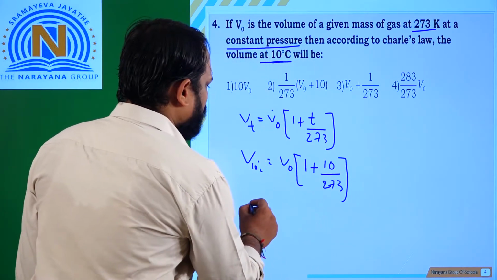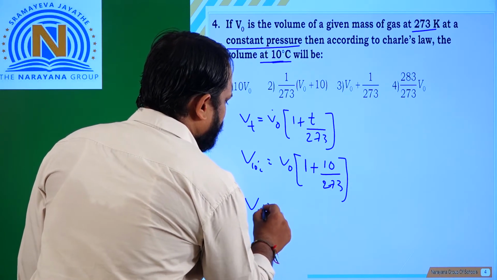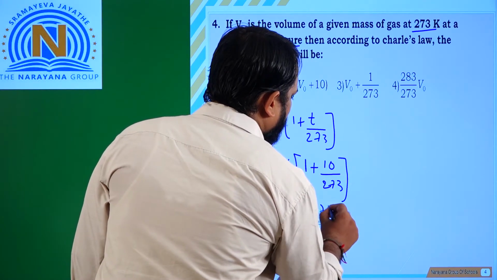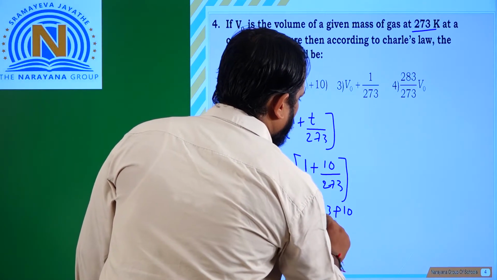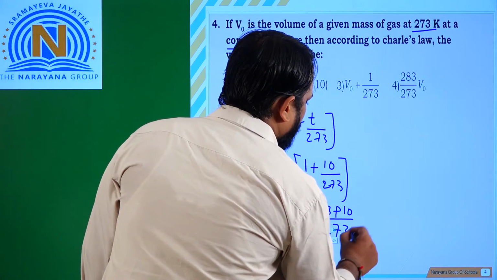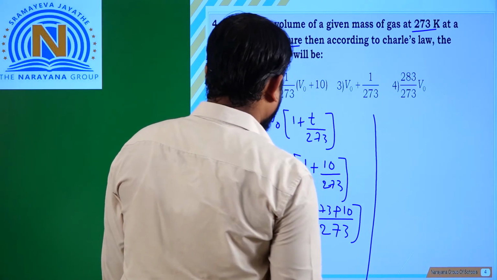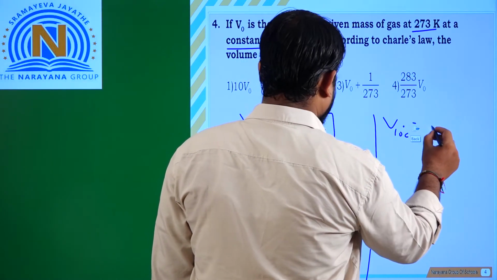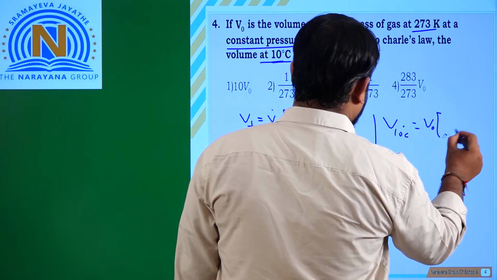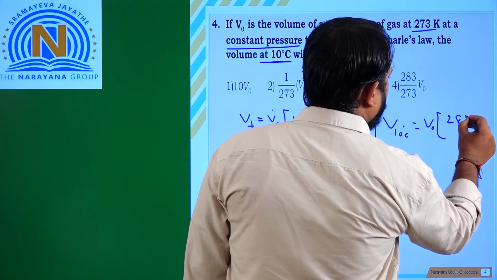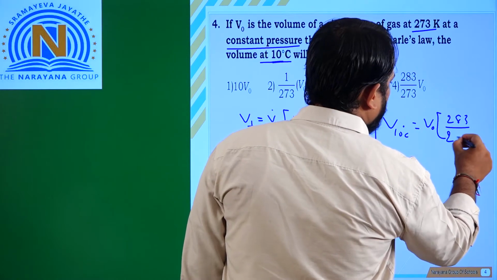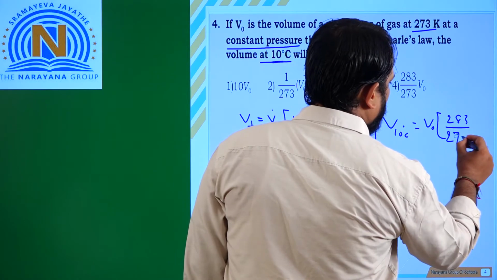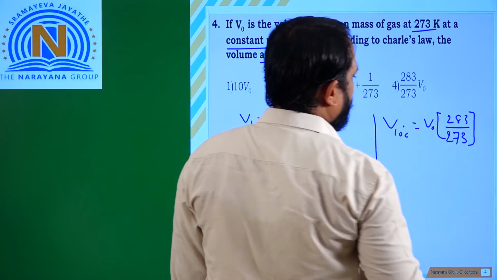So here you will get V at 10 degrees Celsius is equal to V naught into 273 plus 10 by 273. So you will get V at 10 degrees Celsius is equal to V naught into 283 by 273.